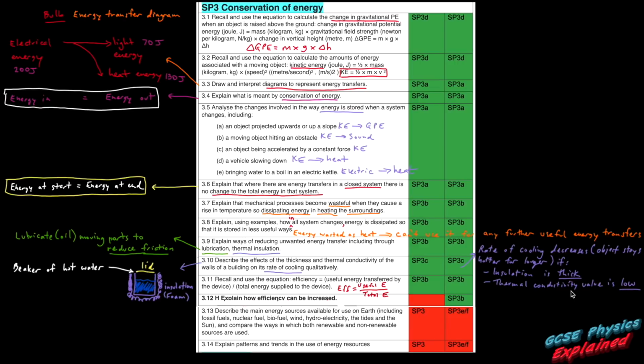If you're a good conductor, it means that you will allow heat to go through. So if you've got a thermal conductivity value that's low, it means you're not a good conductor, which means not much heat will pass through. In other words, the heat will stay in the object, in the water in this case, rather than passing out to the surroundings.